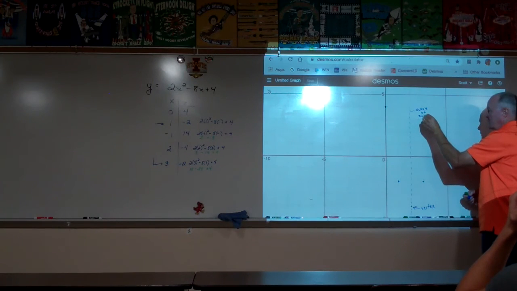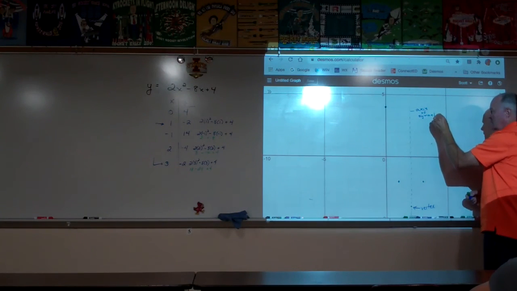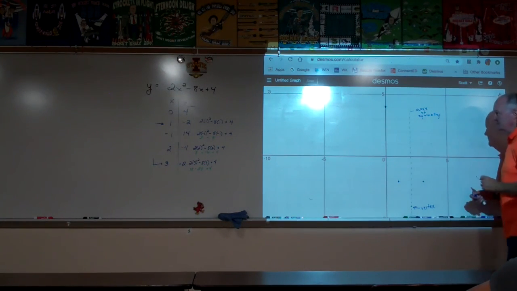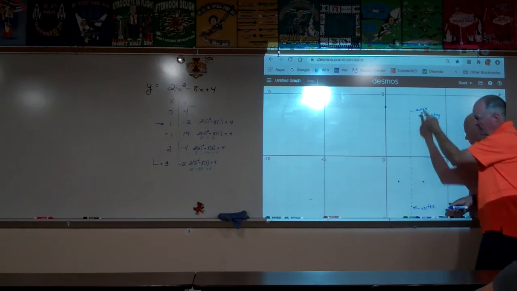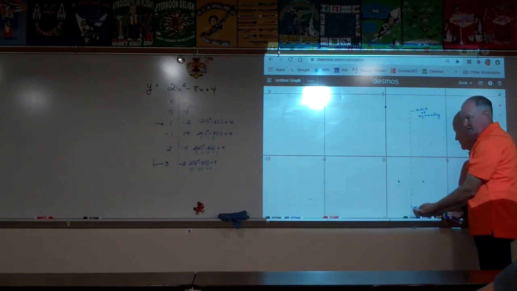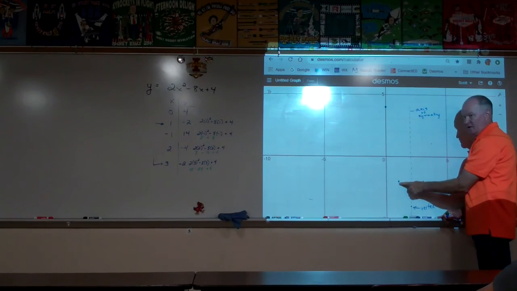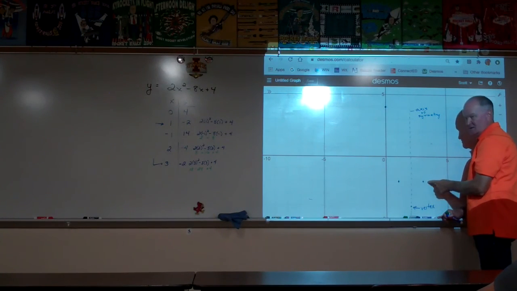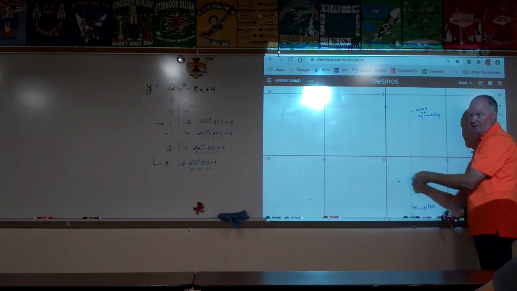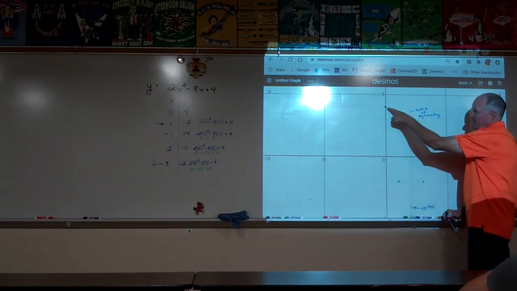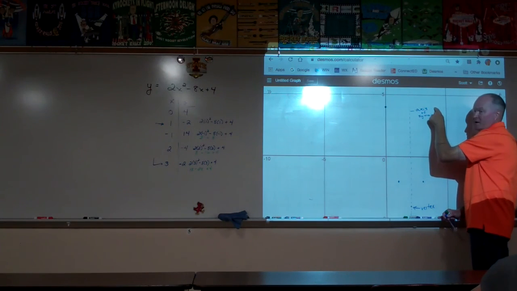We'll use it later today. But what that means is this is the middle, and that's either the bottom or the top, which is the vertex. And any dot over here is the same distance as someone directly across it. So like a mirror image. And so if this one is 2 away over here, there's another one over here at 2 away.